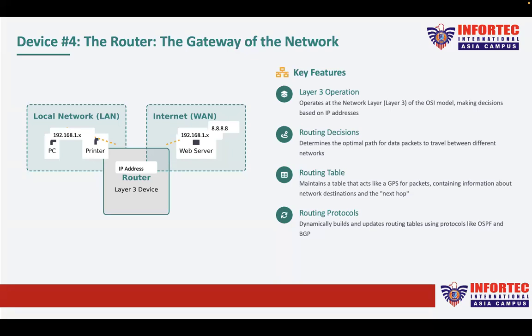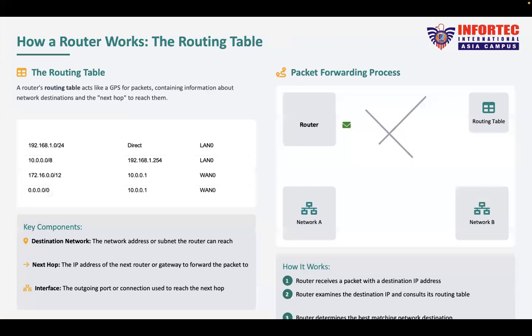It determines the optimal path for data packets to travel between different networks. And here we also have something called a routing table, where we record all details about the routing. And then we have something called routing protocols.